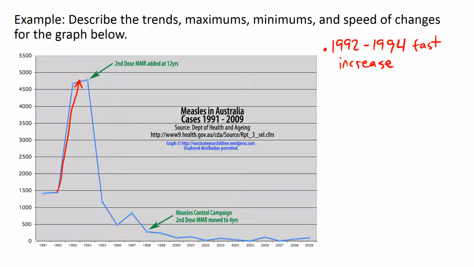And then between about 1994 and 1996, there's a very fast decrease when a new measles, mumps, and rubella vaccination was introduced. So from 1994 to 1996, we could call this a fast decrease.